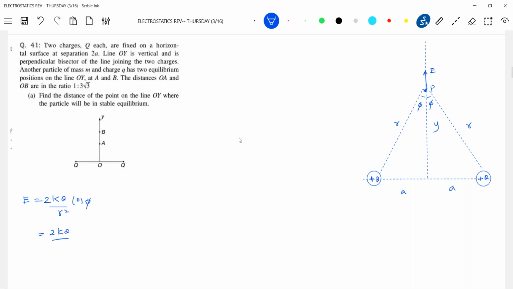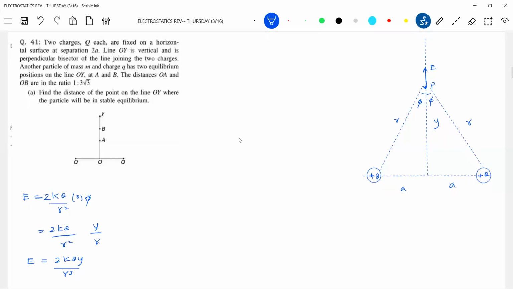R square, you can write it as a square plus y square. Cos phi, we can write y by r. So 2kqy by r cube. So this will be 2kqy by R.